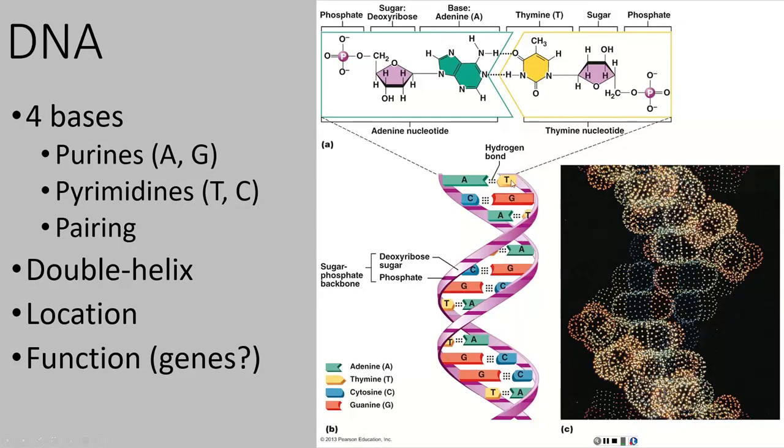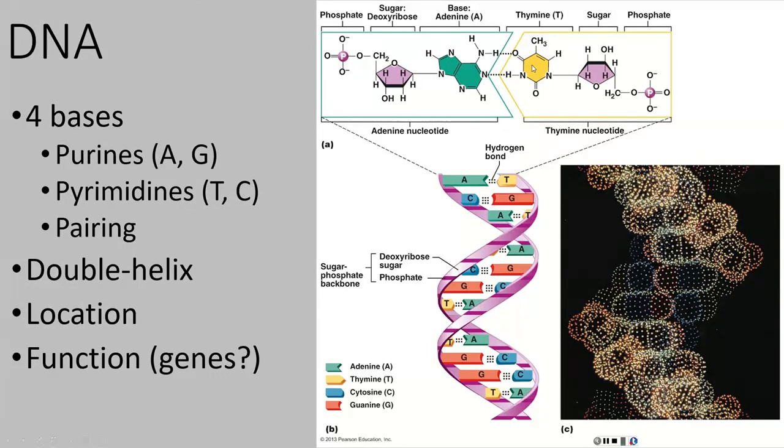Well, the rungs of that ladder are those nitrogenous bases. The legs of the ladder are where we find the deoxyribose and the phosphate. So right in the middle, the rungs holding the 2 sides of the ladder together are these nitrogenous bases.